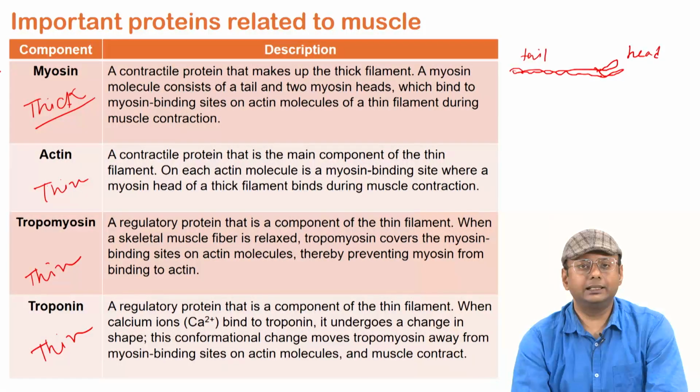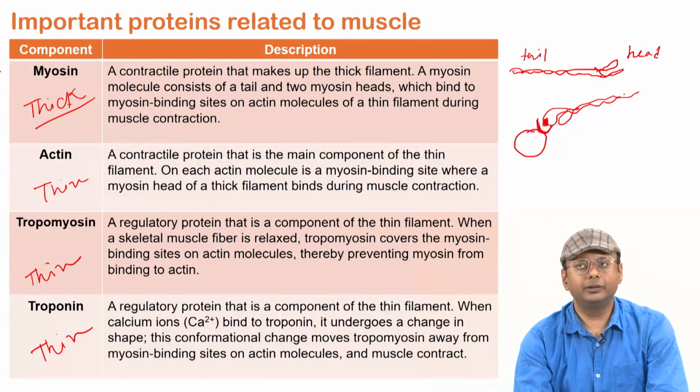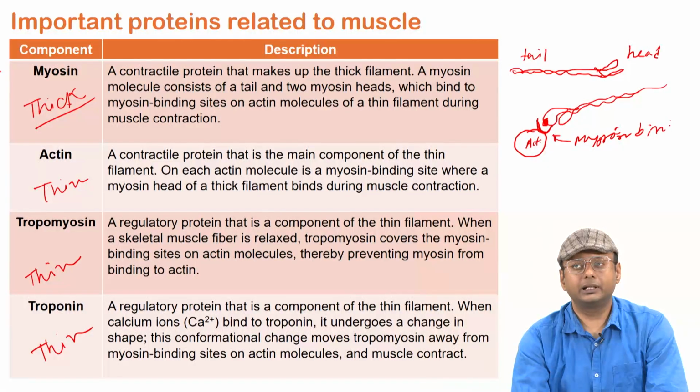So each actin protein has a myosin binding site where the myosin head of the thick filament can bind, right? This receptor or binding site is called the myosin binding site.